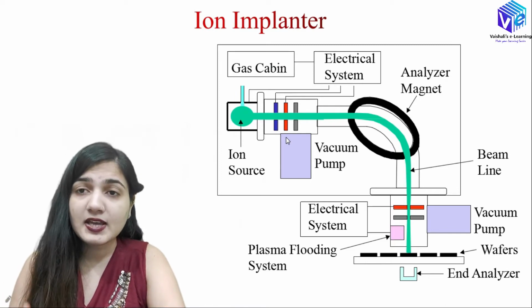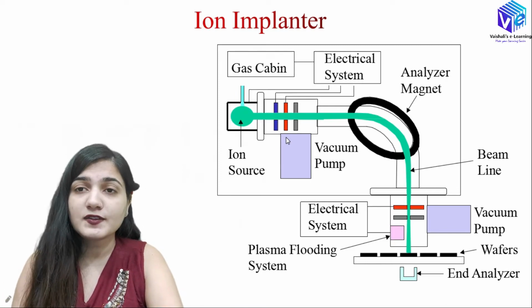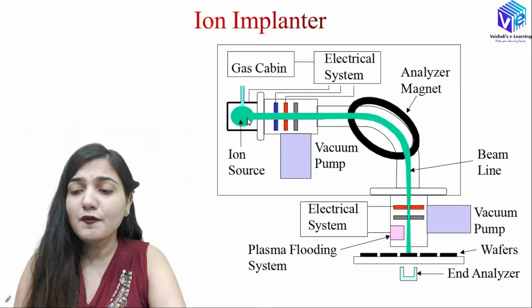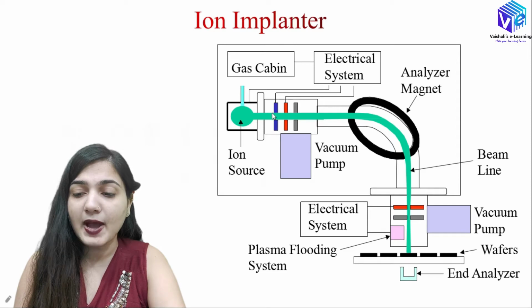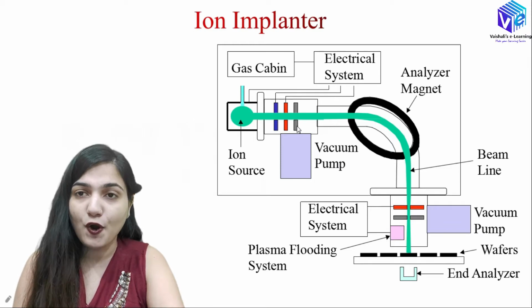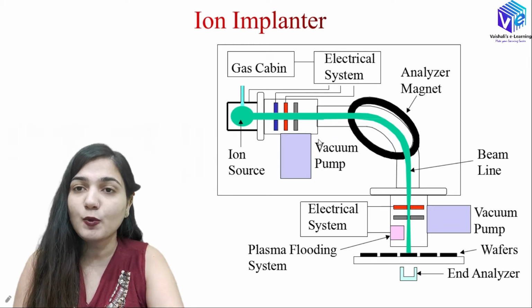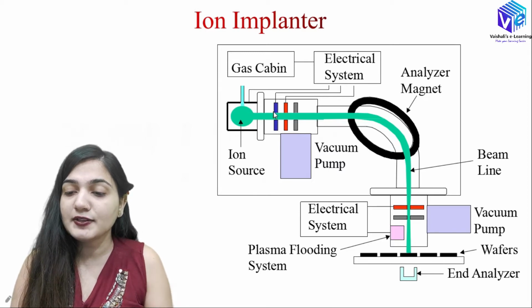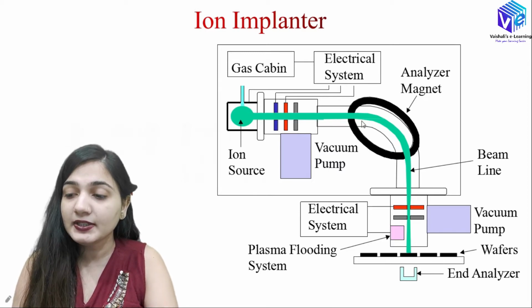Ions are composed of electrons and positively charged particles. So when they are combined and going through here, they can react with any particle present. To avoid this possibility, I am using the vacuum pump here. So the ion is coming from this path, and here we have the analyzer magnet.